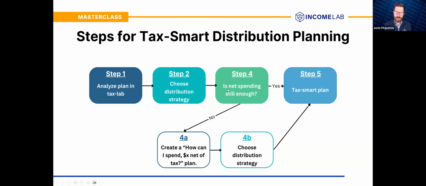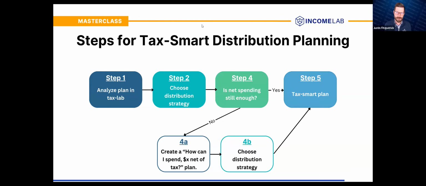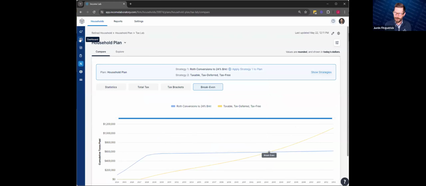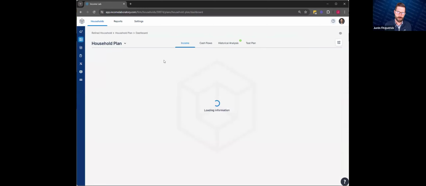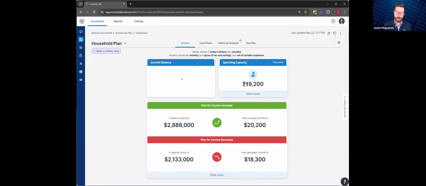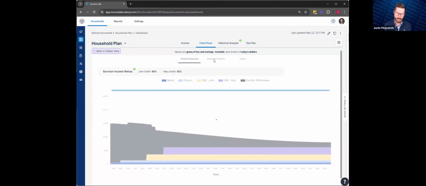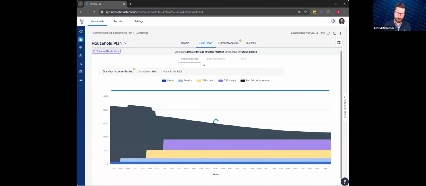The next question is, if we follow that approach, does this household have enough spending capacity to fund those Roth conversions from the plan as it exists? For this household, they have quite a bit of spending capacity, and we actually did a full expense plan, I believe, for these folks.